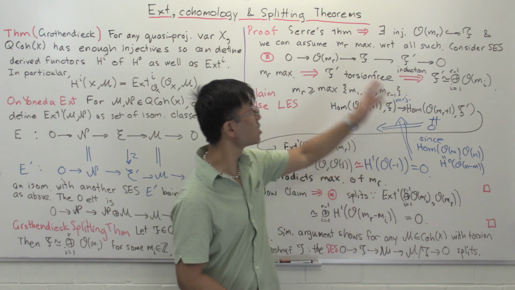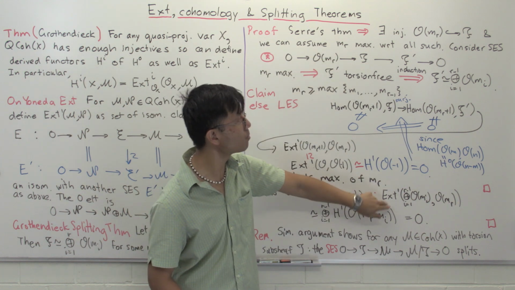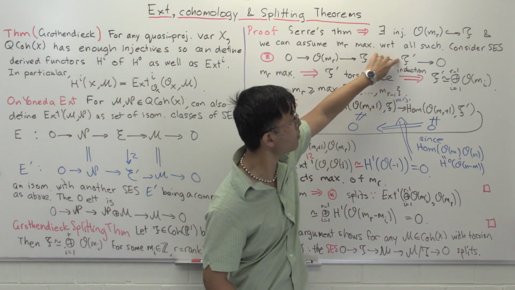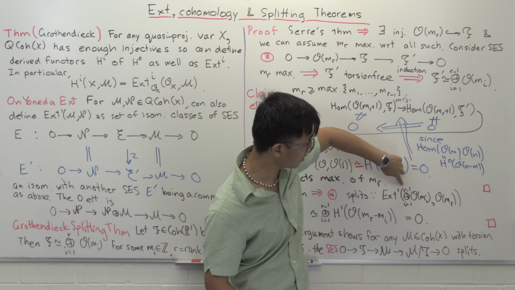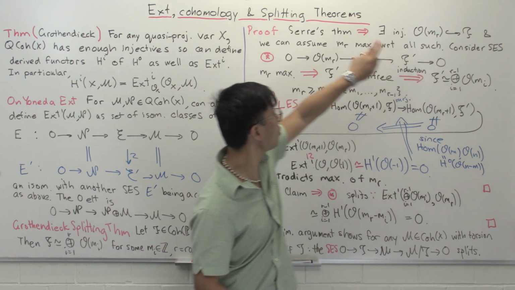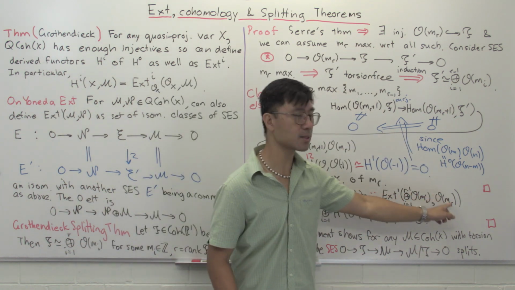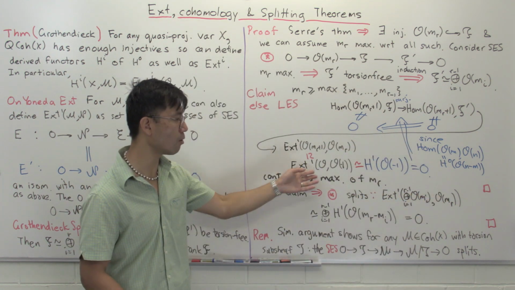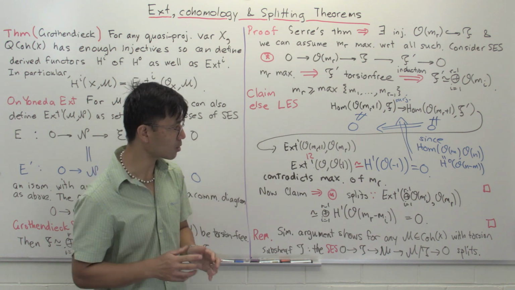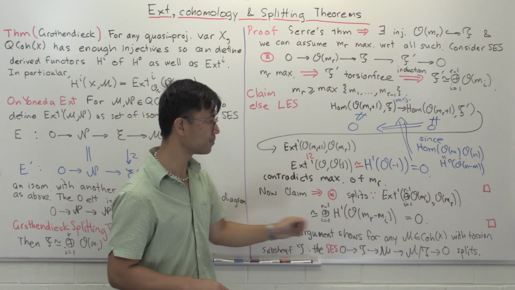Well, this is a short exact sequence, so it's an element of a certain Ext group. So the Ext group is this F', which by induction is this direct sum from i = 1 up to r - 1 of these O(m_i)s to this O(m_r). And let's again compute this, and we'll use the same trick as we did before, okay? We're going to use the fact that, well, firstly, we can pull out the direct sum. Let's pull out the direct sum.